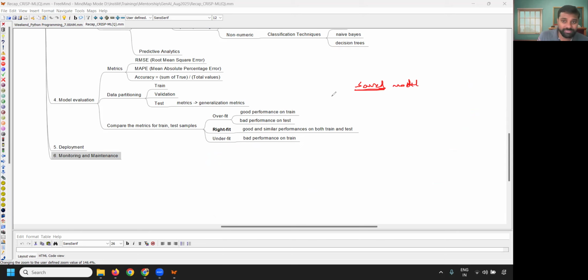But how do we save? It's not a .py file. We have functions or libraries like joblib or pickle, or there are other libraries, but these are very popular, pickle and joblib. We use these libraries like we use pandas libraries, to save the best model.